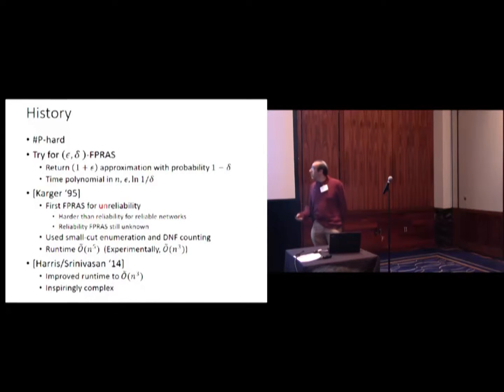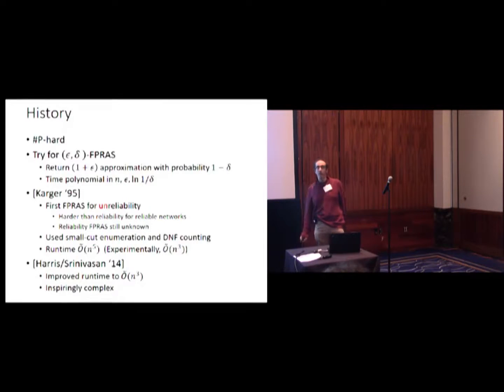So back when I was much younger, I gave the first fully polynomial randomized approximation scheme for this problem, although actually it was for the unreliability problem. That's the probability of disconnection. Reliability is generally talked about as the probability of being connected. And the problem is that when you do approximations, they don't necessarily match with each other.